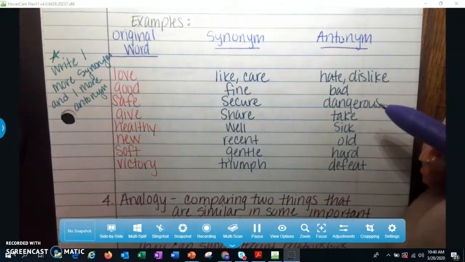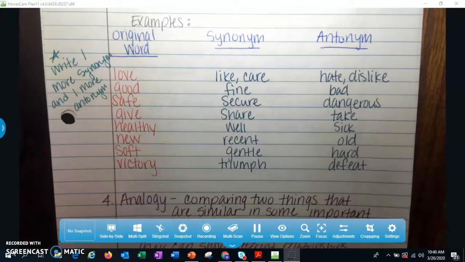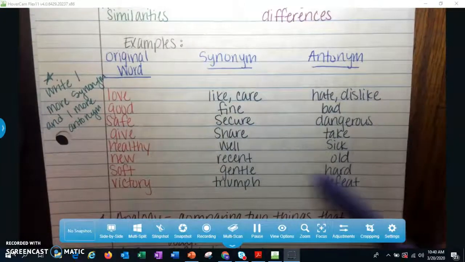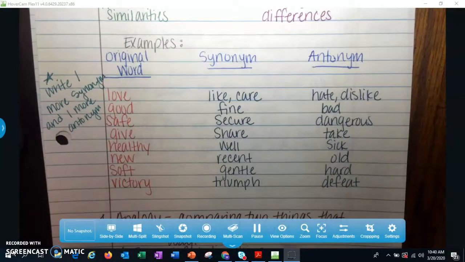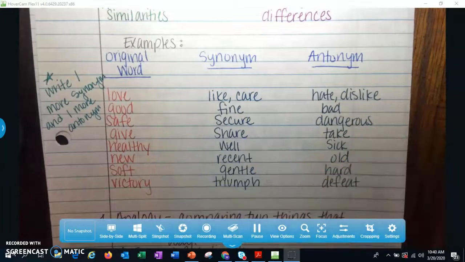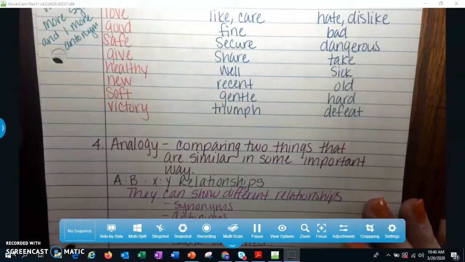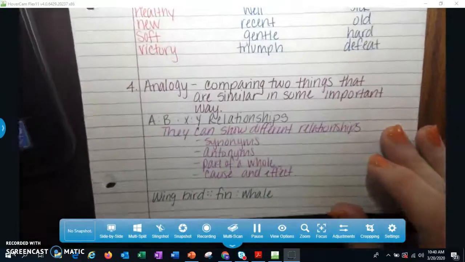If you need to look these up because you're just not really sure what it is, that's fine. You have the technology. I want you to use it. Okay? So pause here. Give me one synonym and one antonym in your notes of these different words. We're going to talk about them together when we come live next week. Okay? And then the last one of our word relationships is analogy.